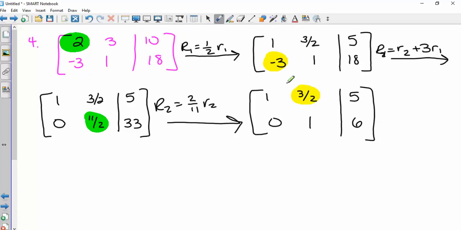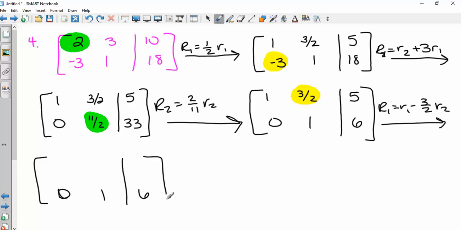Now we need the 0. So to get a 0, that's row 1. So row 1 equals row 1. It's a positive 3/2, so we have to subtract 3/2 of row 2. So row 2 is not changing.